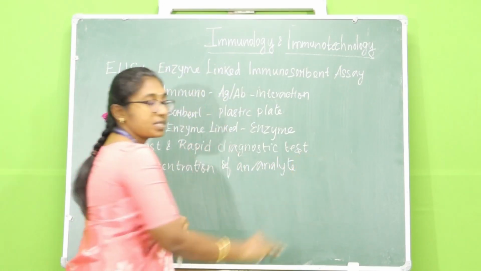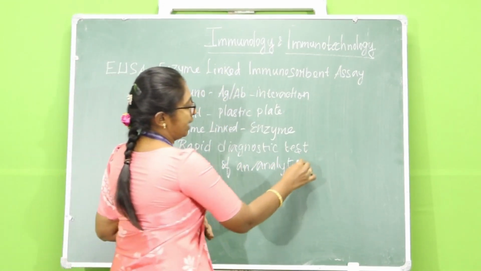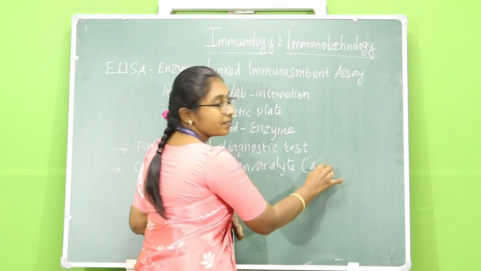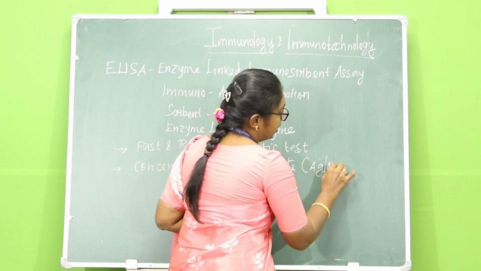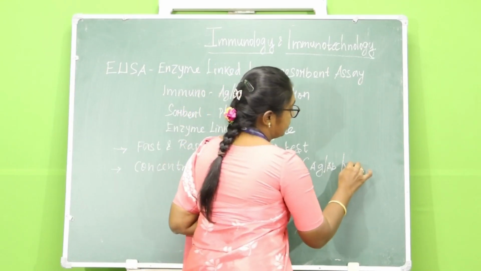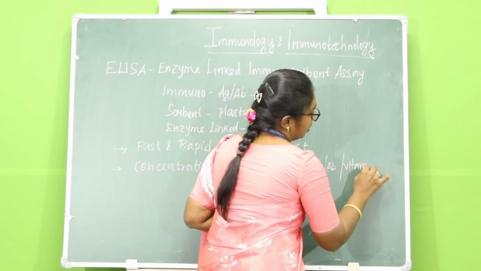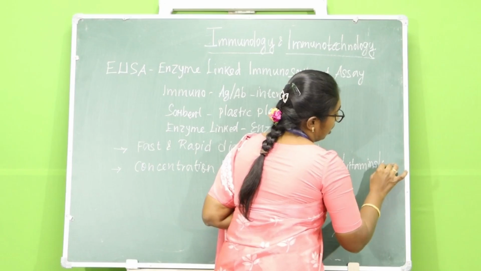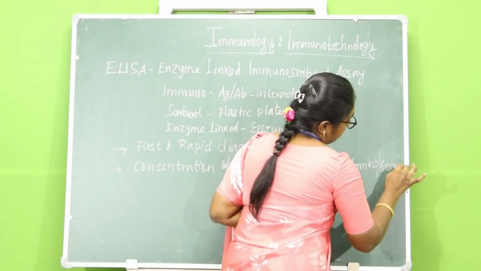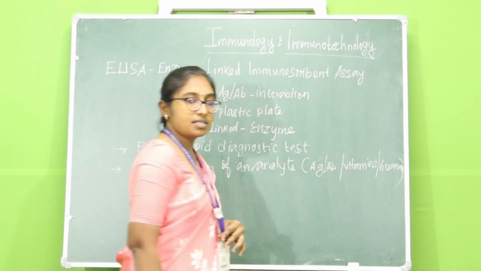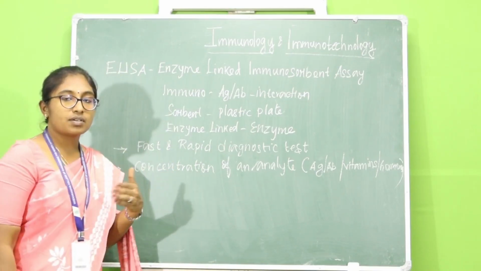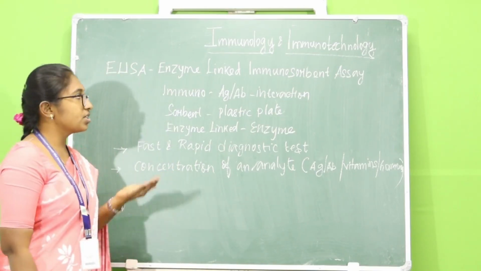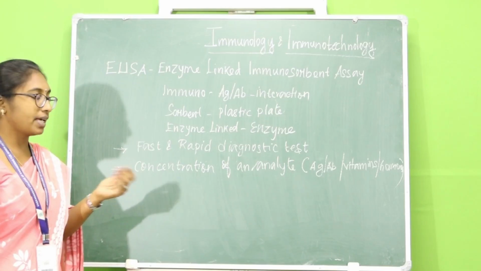So, what is the analyte here? The analyte may be an antigen, antibody, vitamins or hormones. Not only this, anything whose concentration we need to find can be diagnosed using ELISA.